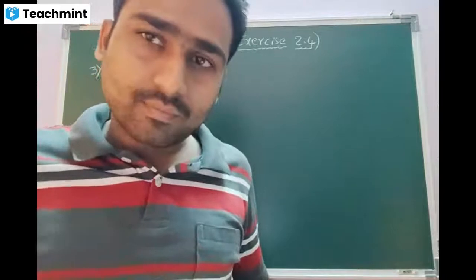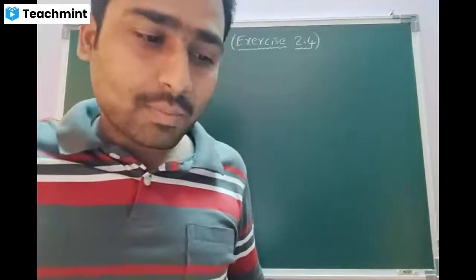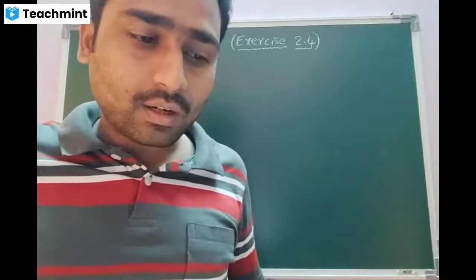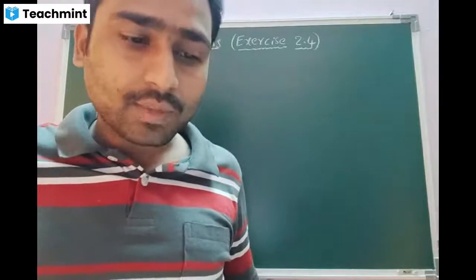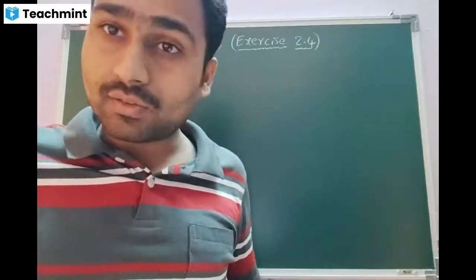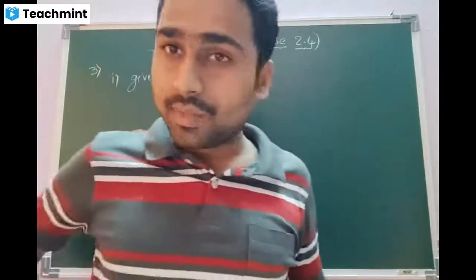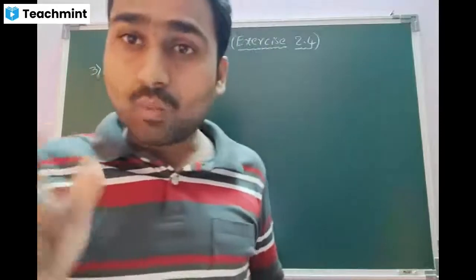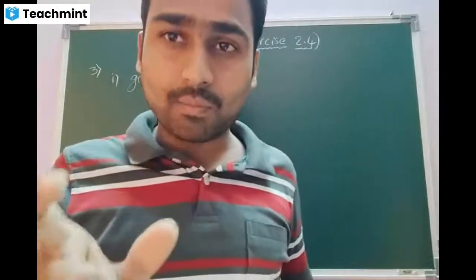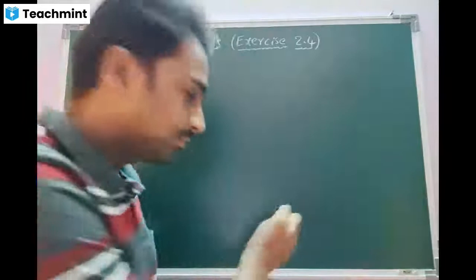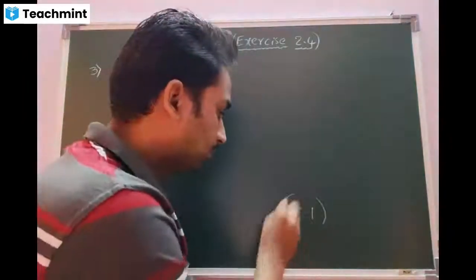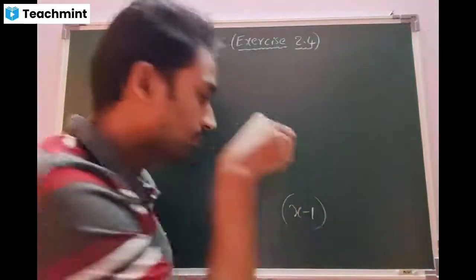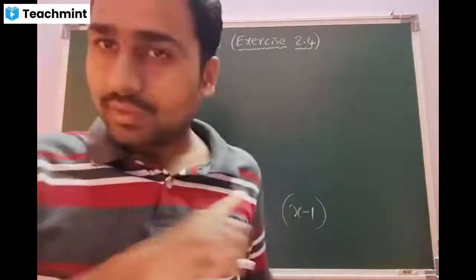The condition is x minus 1 is a factor of p of x in each of the following cases. Look at the question again, beta. In the third main, the divisor remains the same. What is the divisor, beta? X minus 1.